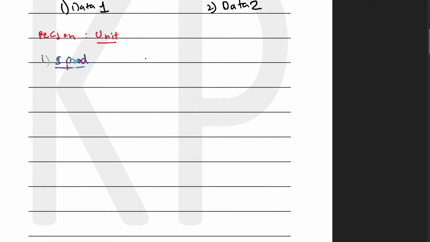But the limitation is that it can only be used when the mean is an appropriate measure of center. What do we mean by that? We know that the mean is not resistant to skewness or outliers, right?